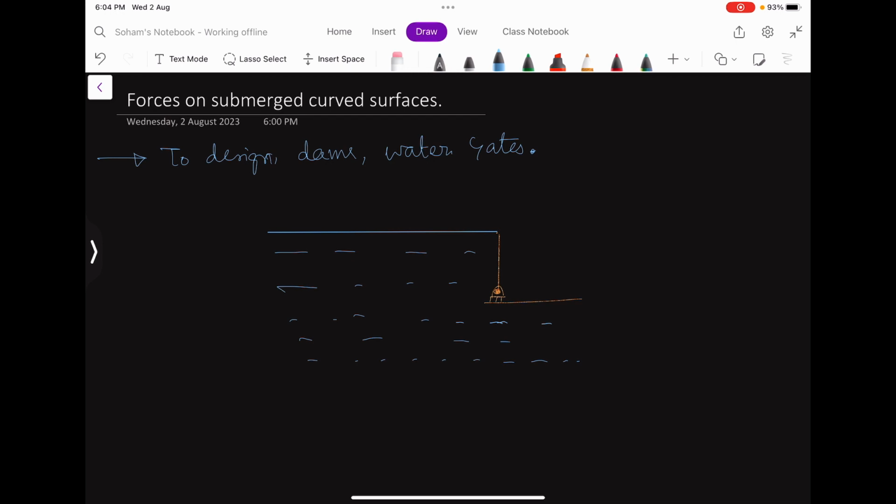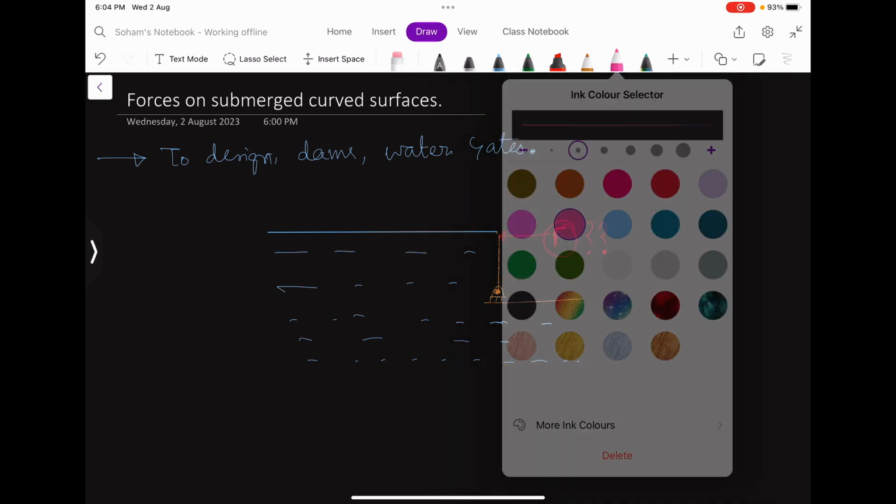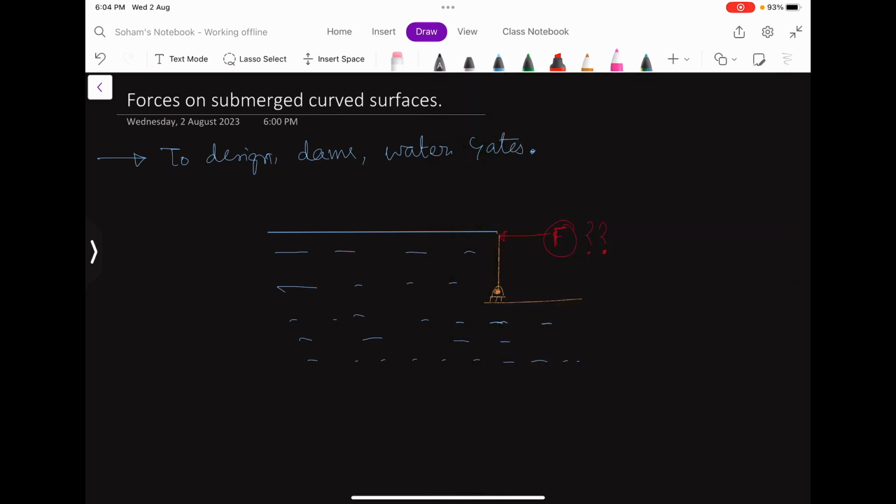Then there is some force, or by any means you have to apply some force to hold this gate. Then as an engineer, you may be asked to find what is the value of this F. You may be asked also to have a gate that is of this nature, curved.